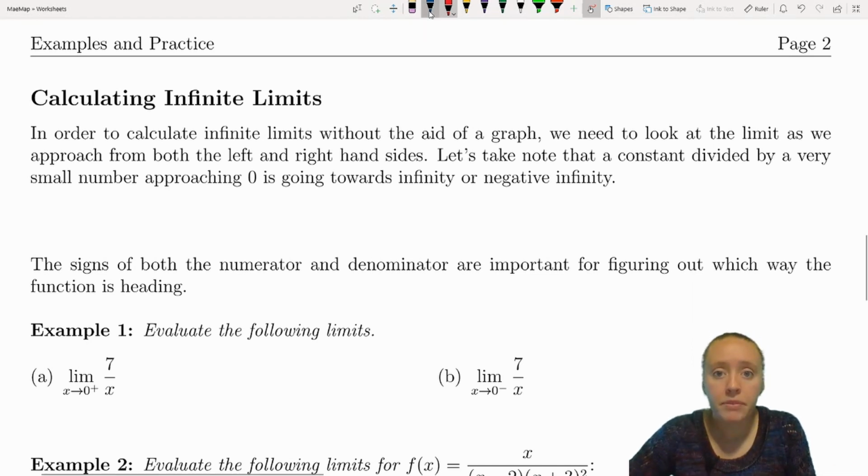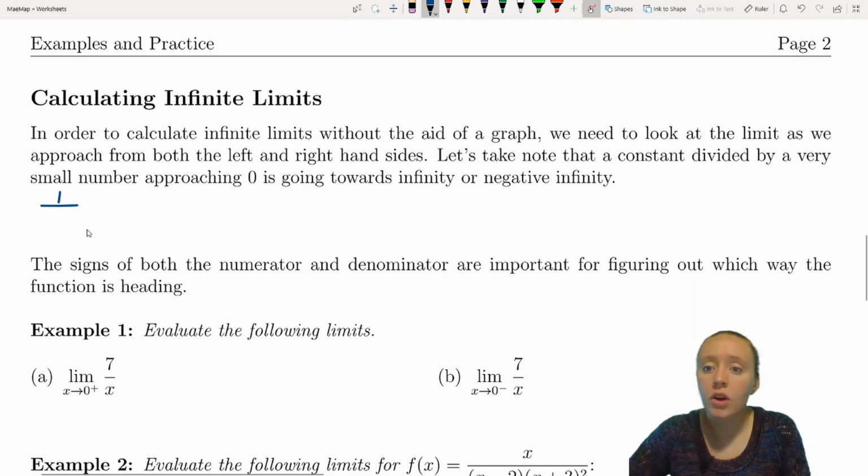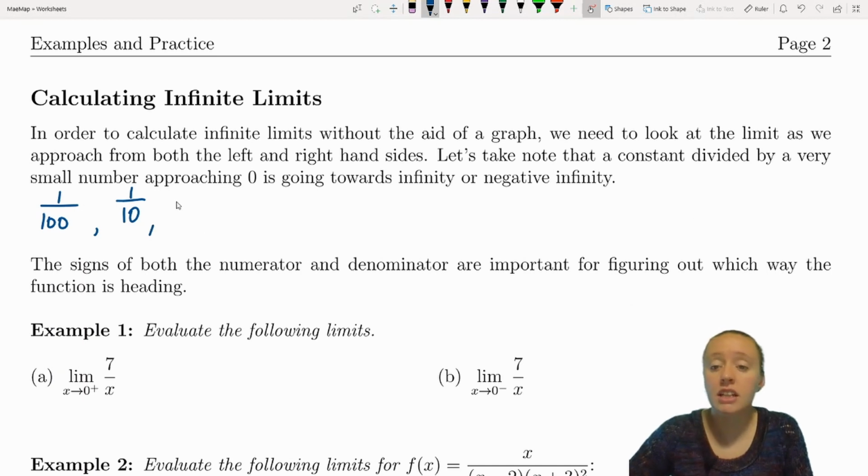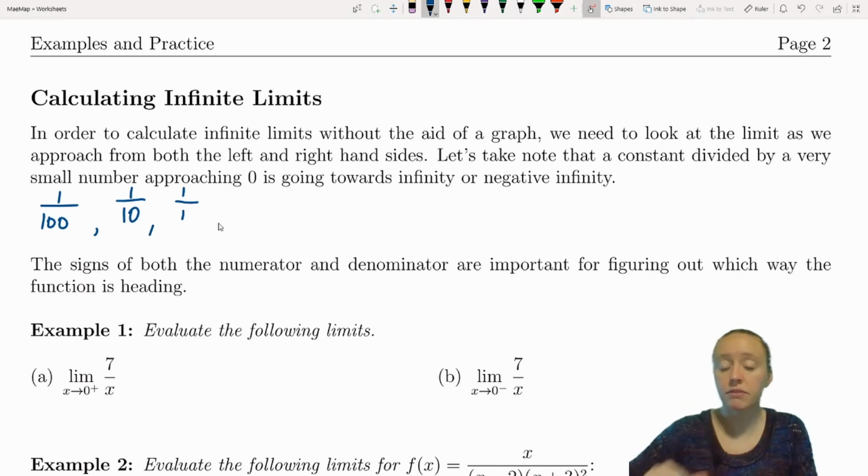Think about it. If I have 1 over 100, that's a fairly small number. But then if I divide 100 by 10, then I'm going to have 1 over 10. That's a small number, but a slightly less small number. If I divide it again by 10, then that'd be 1 over 1. Well, now we're at a whole number, we're no longer at a fraction.